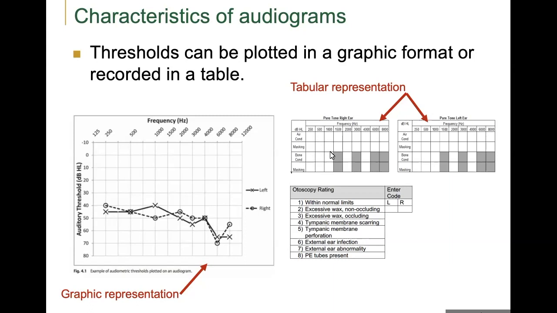We've got a column for each frequency for each ear, so 250 through 8,000 hertz. We've got air conduction, and a slot for masking, bone conduction, and masking. So we can capture the same information either in a graphic representation that is the audiogram, or in a table here.